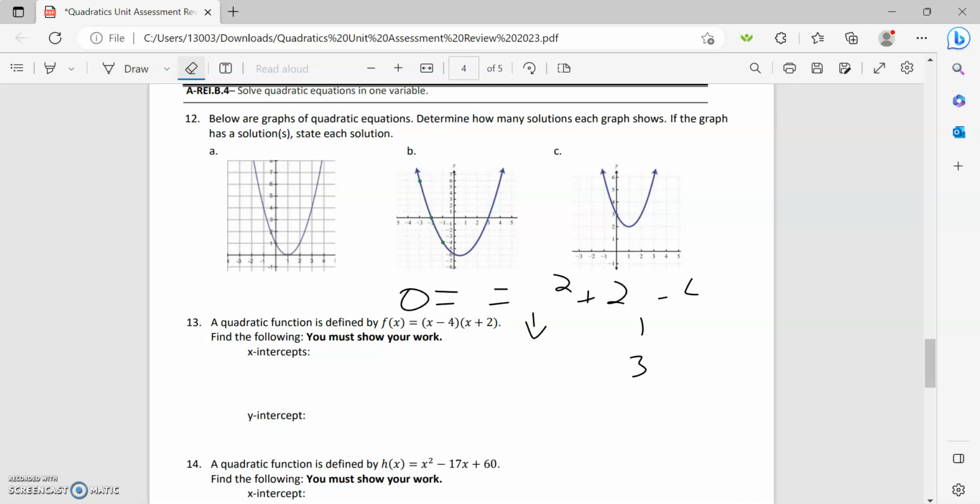We're trying to take the graph and identify where that happens. So how many solutions you have is really asking how many times the graph of the parabola crosses the x-axis. So B, the answer is 2.